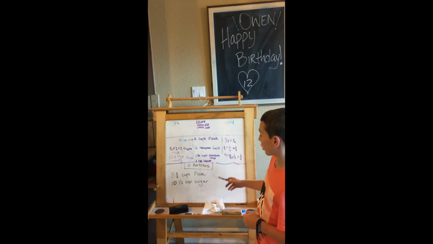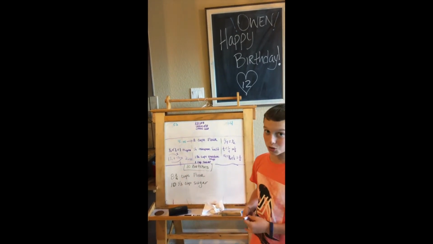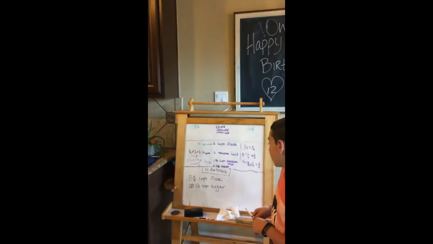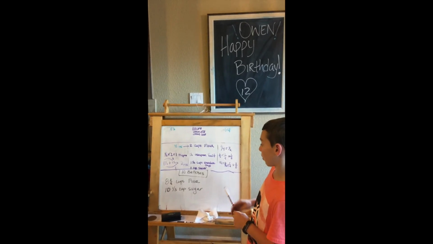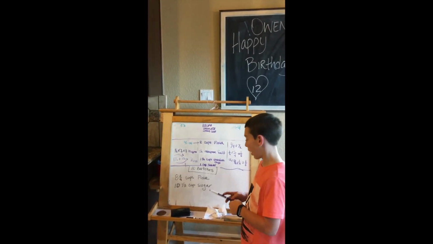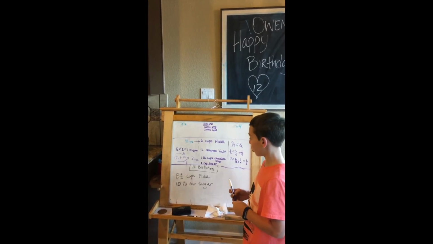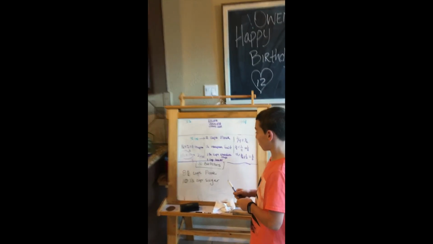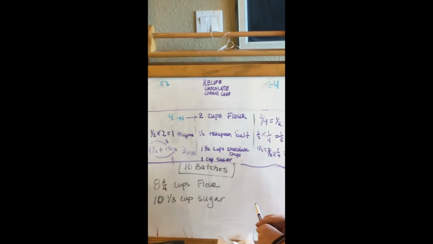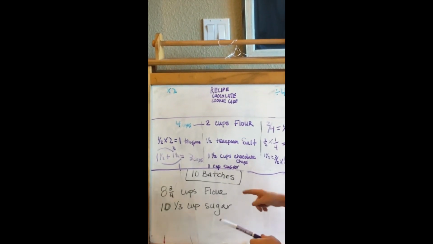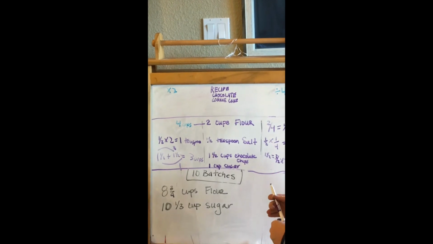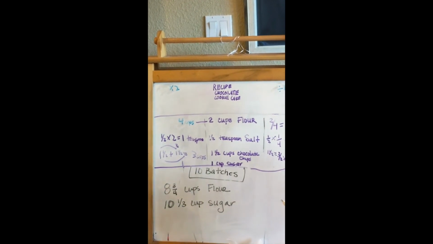But I don't think I have enough, and I don't have enough time to go to the store to buy some flour. So I have to work with what I have. I need 1 cup of sugar and 2 cups of flour for 1 batch.